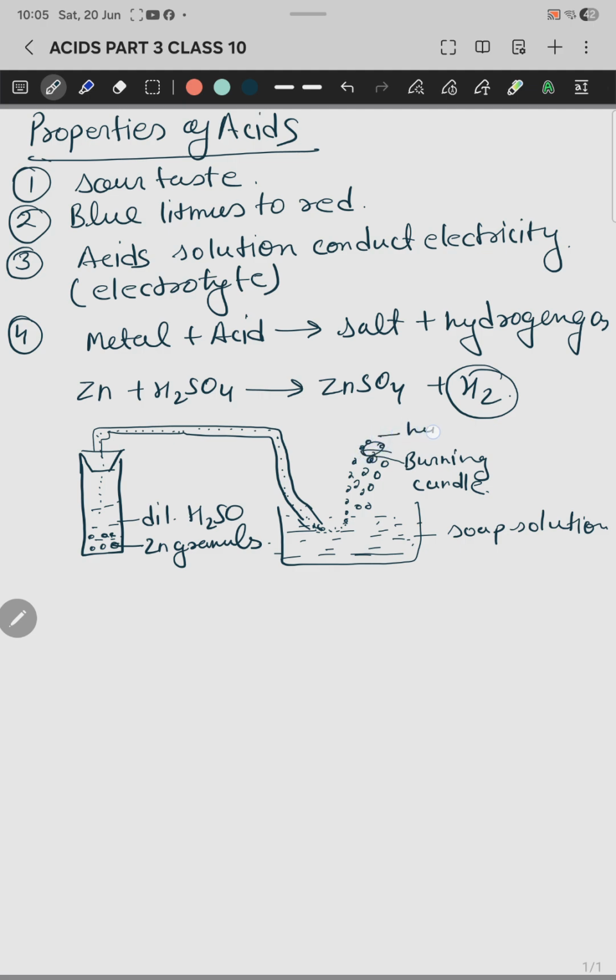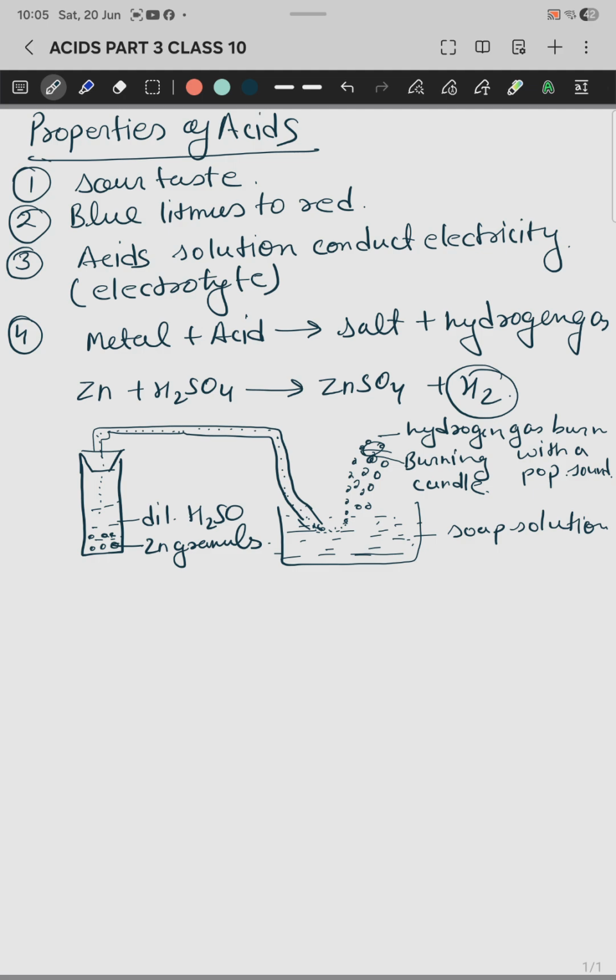Hydrogen gas burns with a pop sound. This is the indication. Or you can say a little explosion will take place. So this is the indication that hydrogen gas is evolved in this type of reaction. This is a way to find out whether this gas is hydrogen or not. Okay, am I clear to all of you?